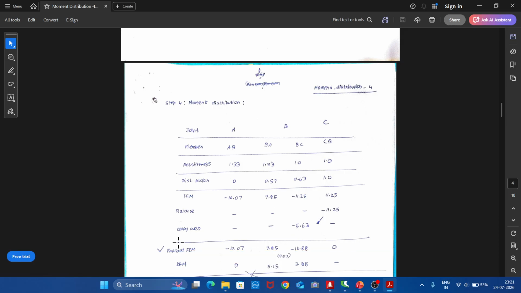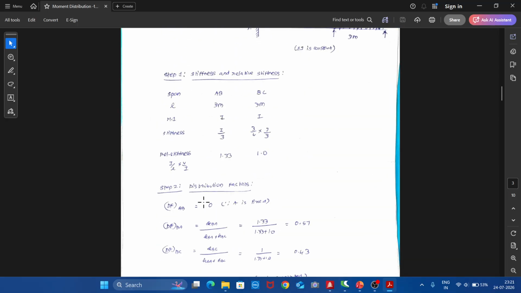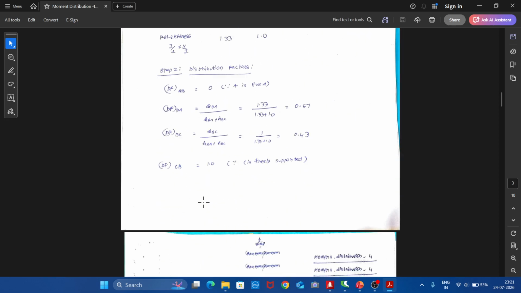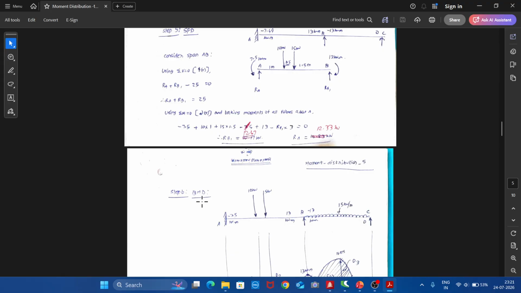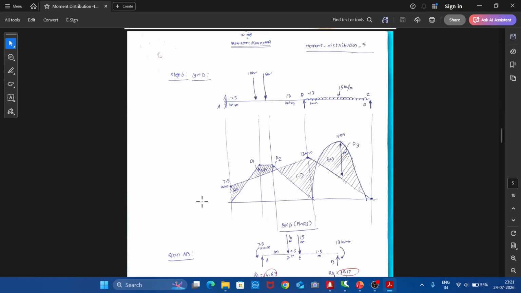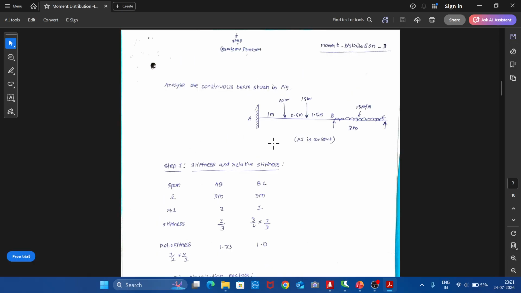So first write the fixed end moment. The fixed end moment needs to be found before coming to this step. Say we have 2 point loads. So we know how to find the fixed end moments. The fixed end moment has to be split into 2.